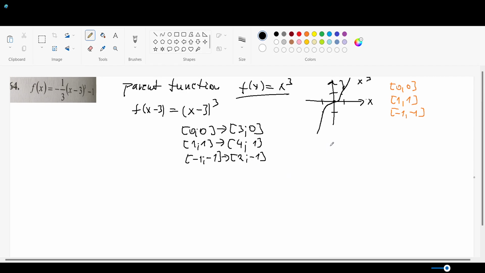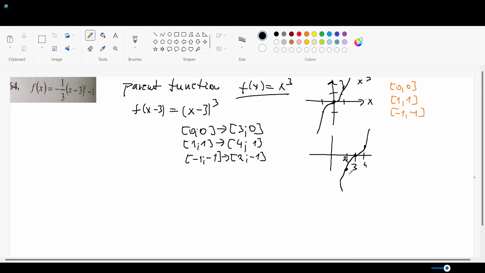Basically we can sketch the graph like this: if this is number 3, this is our first point, and 1, 1 is transformed to 4, 1, and negative 1, negative 1 is transformed to 2, negative 1, which would mean that our function should look like this.